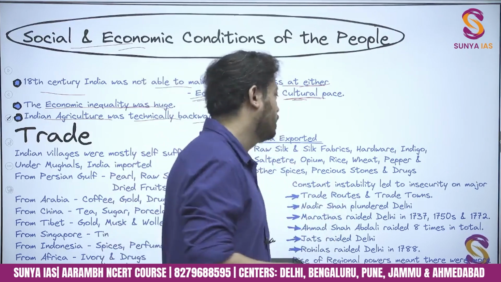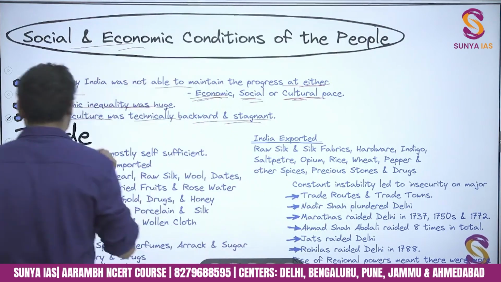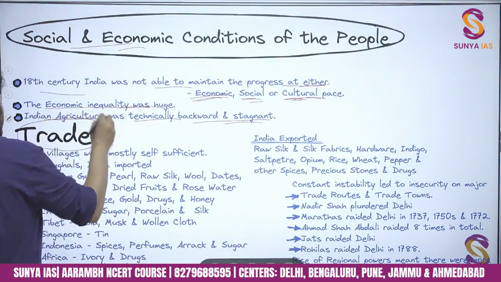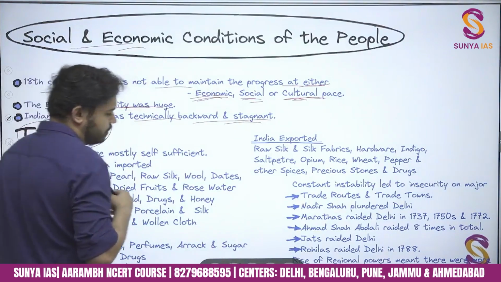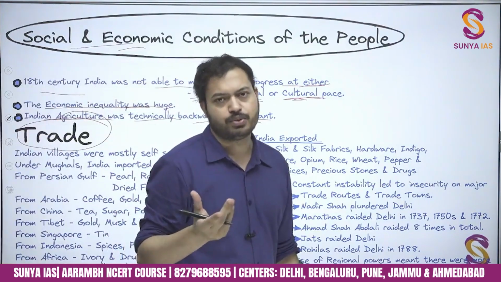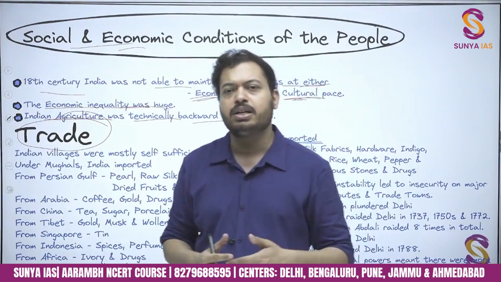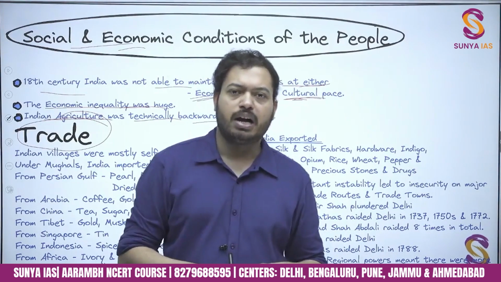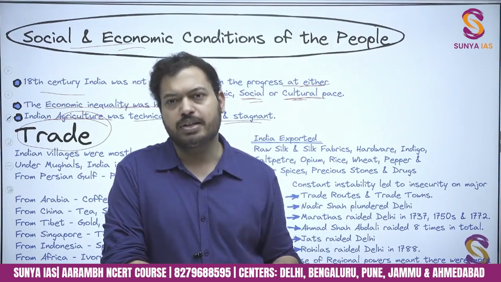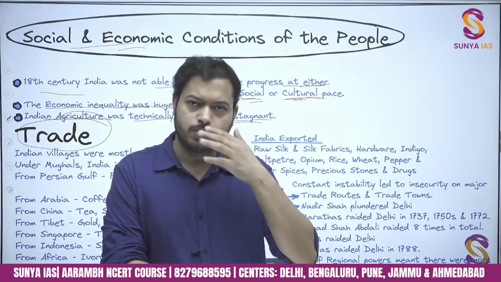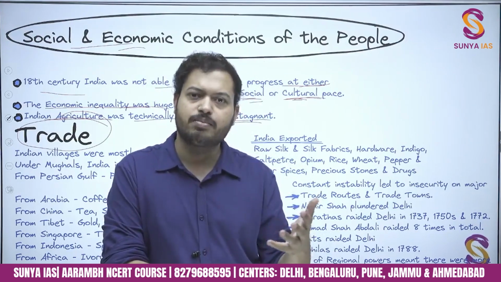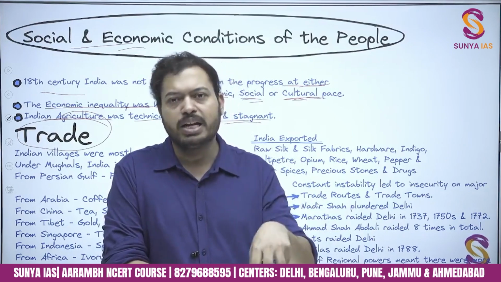Now when it comes to trade, Indian villages in a way were self-sufficient. Even now if you see Indian villages, they are kind of self-sufficient when it comes to food and lodging. Things are somehow manageable at the local level itself.